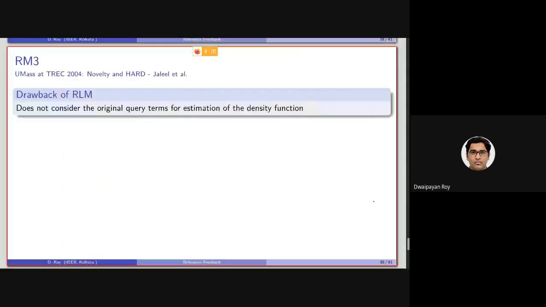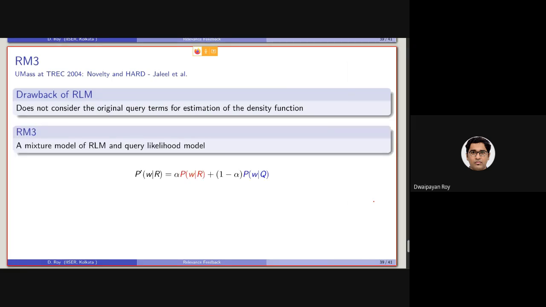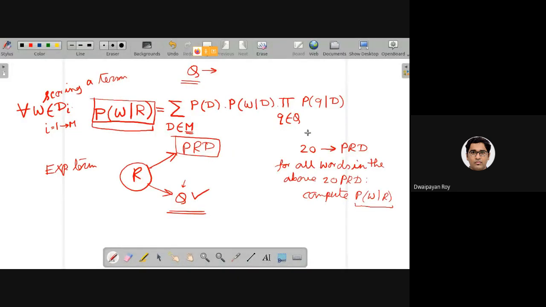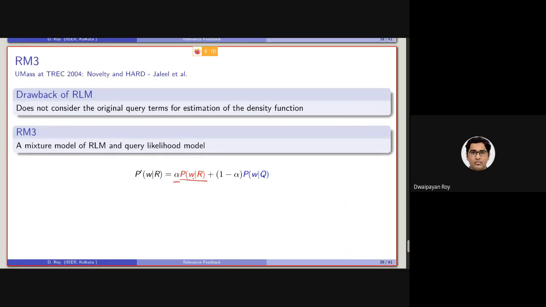In order to address this drawback of RLM or RM1, there is a model proposed in 2004 called RM3, which is basically a linear interpolation of P(W|R), which is this, plus one, a linear interpolation between P(W|R) and P(W|Q).